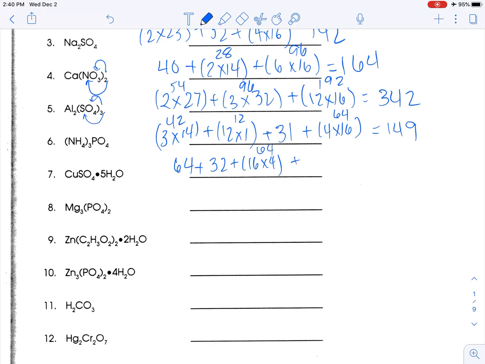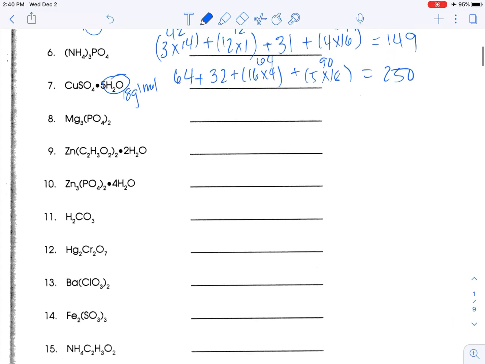You can do 10 times 1 plus 10 times 16, or I know the GFM of water. That's 18 grams per mole. So I'm just going to do 5 times 18. Again, you could break apart the water, or you can just do what I did. So 5 times 18 is 90. 64 plus 32 plus 64 plus 90 is 250 grams per mole.